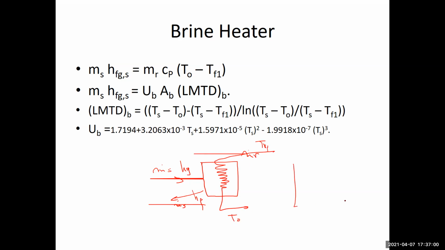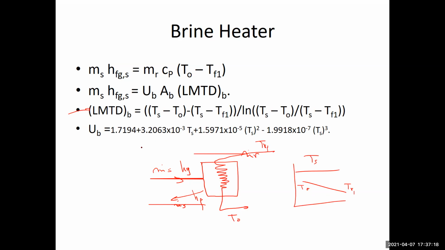So the temperature profile is going to be this, T steam, and it heats the fluid from TR1 to the top brine temperature T0. You can write the expression of the log mean temperature difference based on that. This is delta T1, this is delta T2, and you can calculate the LMTD.